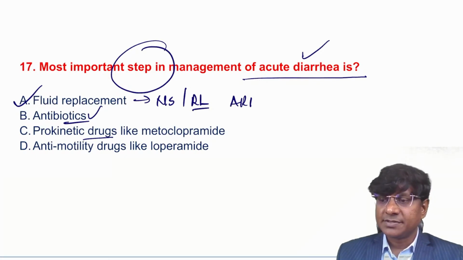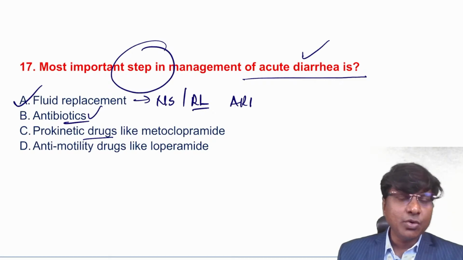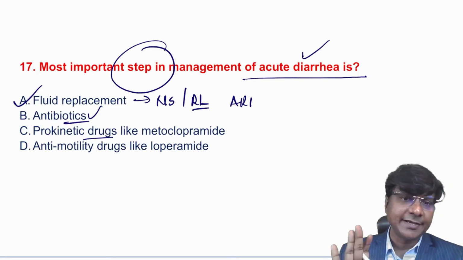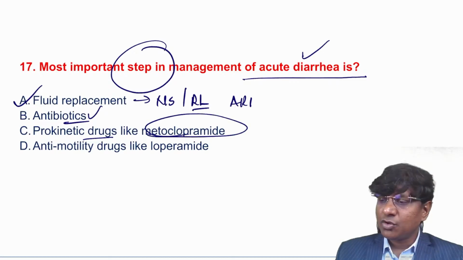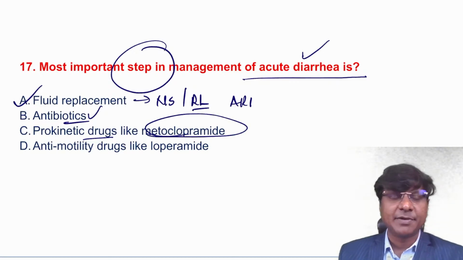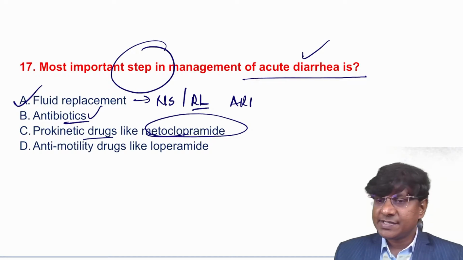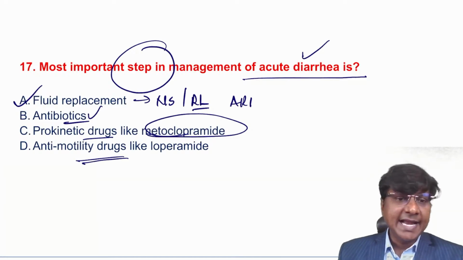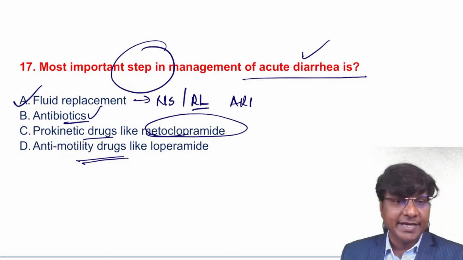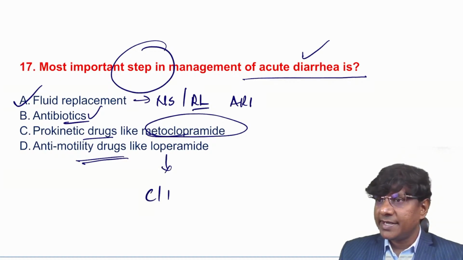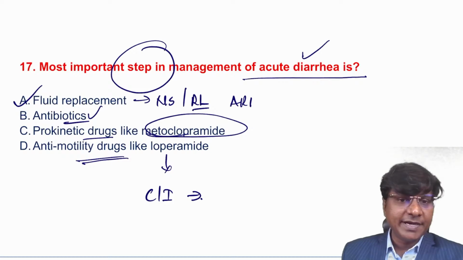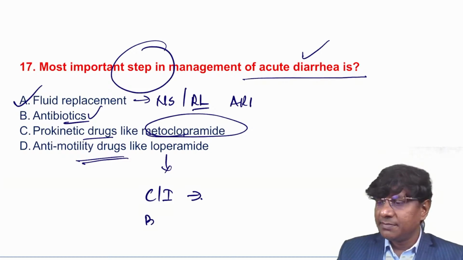And you take the third option, that is prokinetic drugs like metoclopramide. Metoclopramide is used for nausea, vomiting, and gastroparesis. Right? It does not treat your diarrhea. But the problem with metoclopramide is it can also cause extrapyramidal side effects. Next are the anti-motility drugs like loperamide, which can reduce the stool frequency in uncomplicated watery diarrhea. But loperamide is contraindicated in case of bloody diarrhea.